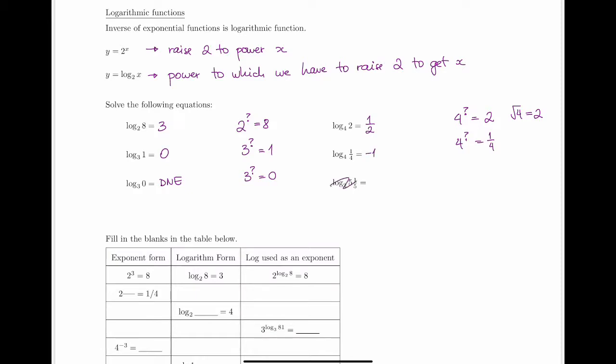This logarithm actually got typed wrong, so this was logarithm base 25 of 1/5. So to what power do I have to raise 25 to get 1/5? Notice that it's kind of similar to this question, where the power first of all has to travel to the bottom, so we know right away that the answer is going to be negative.